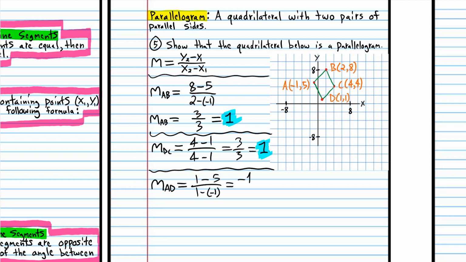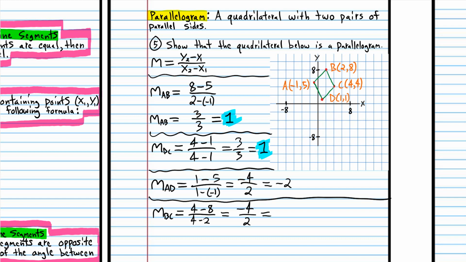And that gives us negative 4 over 2, which is negative 2. All right, so now we're going to find the slope of the opposite side, which is BC. Using B as (2, 8), I have 4 minus 8 over 4 minus 2. And we have negative 4 over 2, which is negative 2.